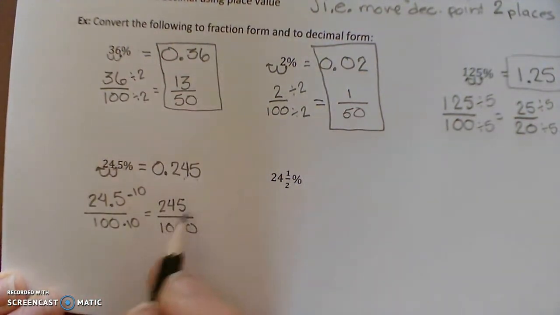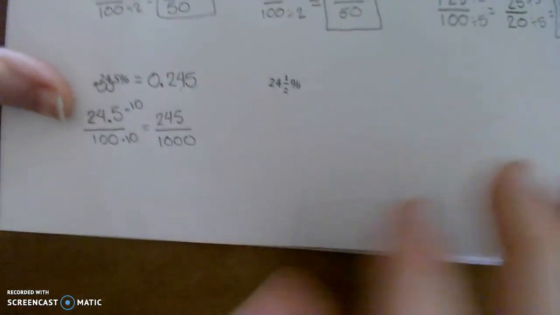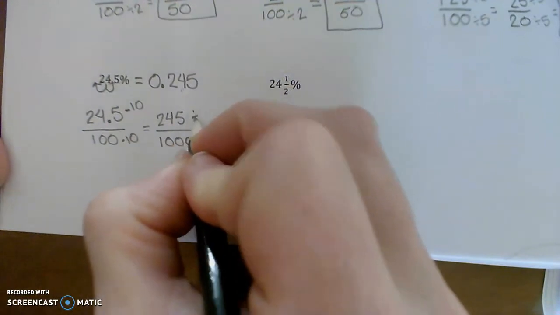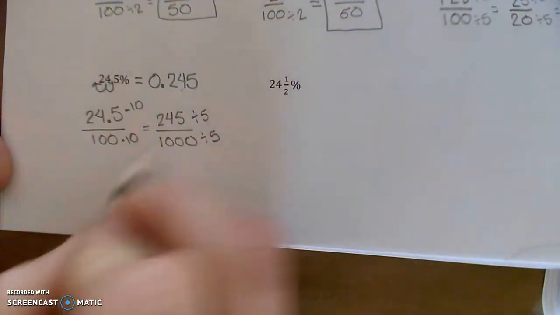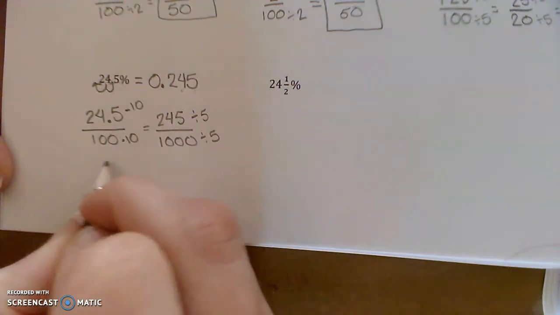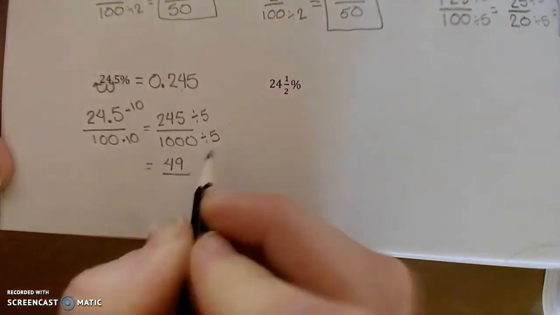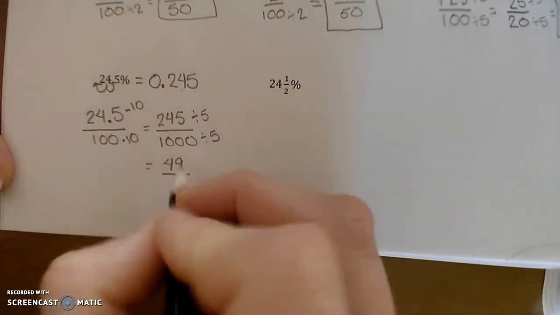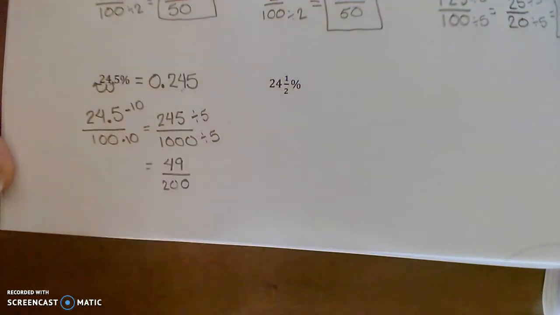All right, and now you can go and reduce this fraction. What number goes into 245 and 1,000? So I divide by 5. 245 divided by 5 is 49. And 1,000 divided by 5 is 200.